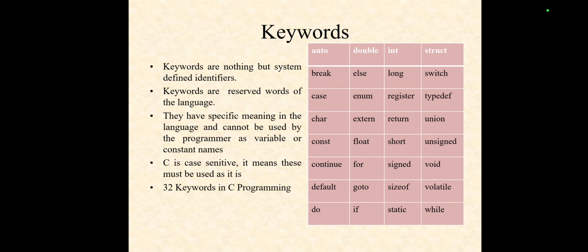So these are the 32 keywords used in C programming. These are the reserved words.